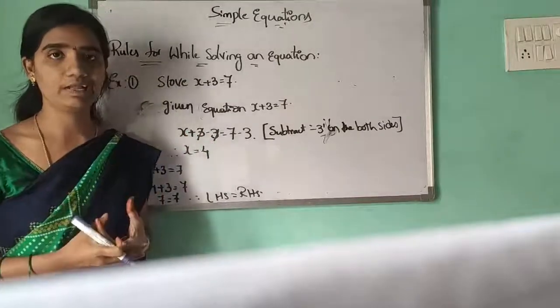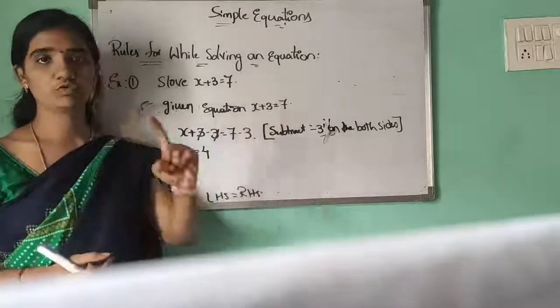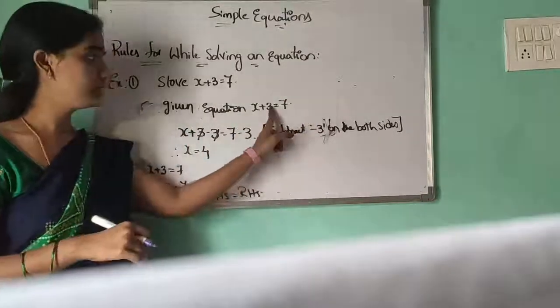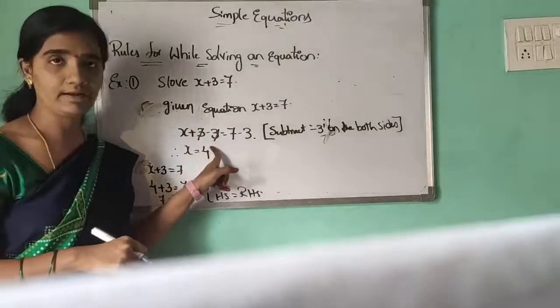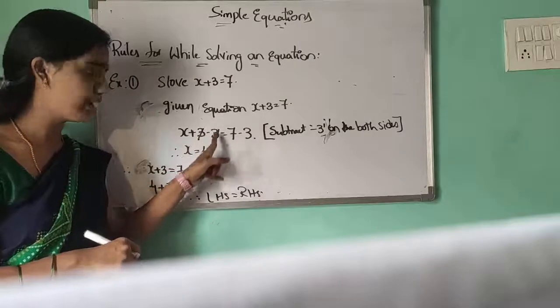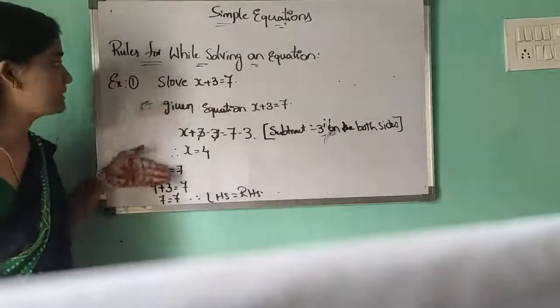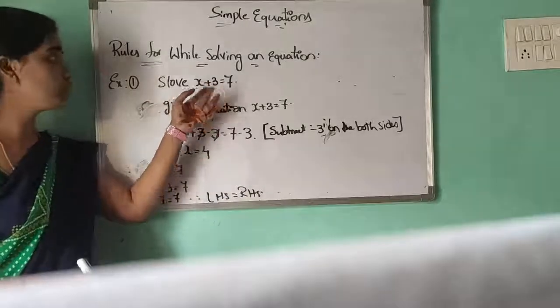To get the x value, we have to remove the plus 3. So whichever number is added to the LHS is added to the RHS as well. To remove the plus 3, minus 3 is added, so plus 3 and minus 3 cancel. The x value is equal to 4. In this way we have to solve the given equation.